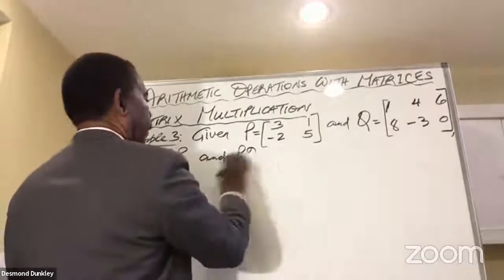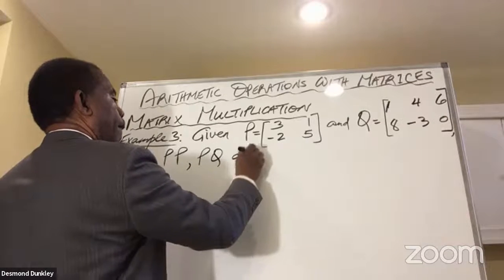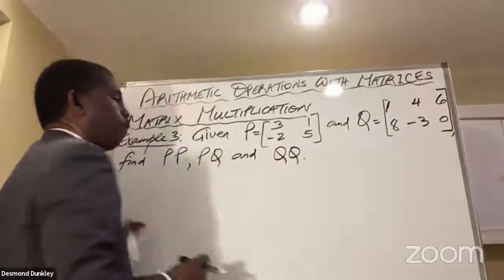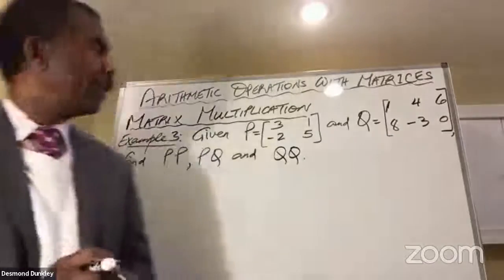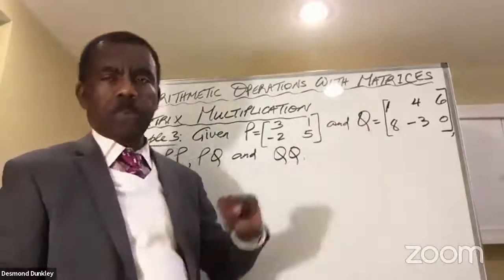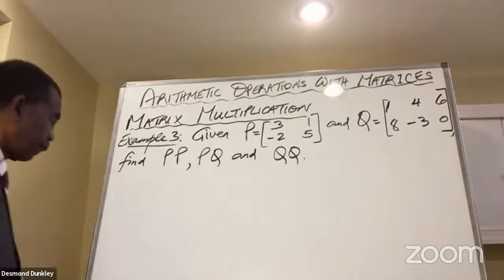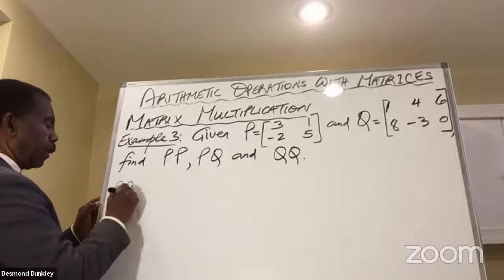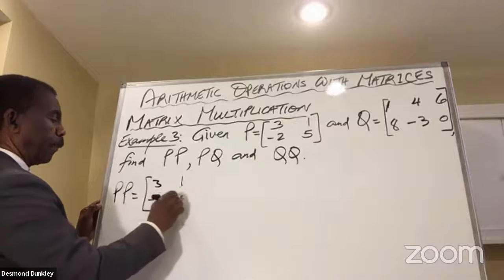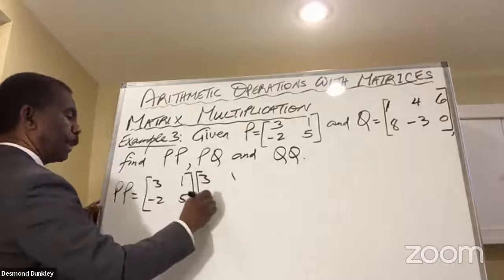Okay, find PP. Okay, let's try that. So we have matrix P and the matrix Q. First assignment is to find P times P. So P is equal to 3, 1, negative 2, 5. 3, 1, negative 2, 5.